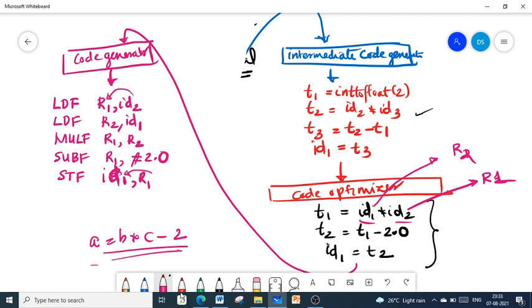So we can write a consolidated form of all this. The first statement a equals b star c minus 2 is given as the input to the lexical analyzer.